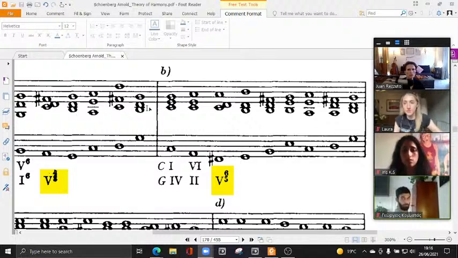Tonic, predominant, dominant, tonic. That's it. But in this one, once you introduce the F sharp, you cannot leave it. You cannot take it out, because once you introduce an F sharp, you're saying, okay, I'm not in C major anymore. A mistake would have been to put a B diminished, because that is mistaken information.